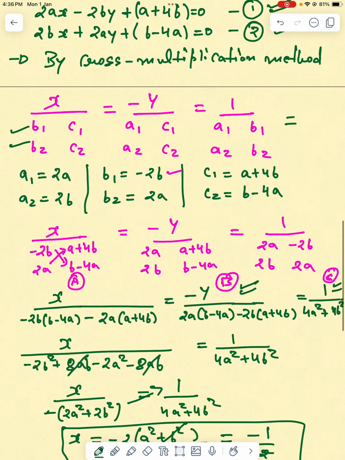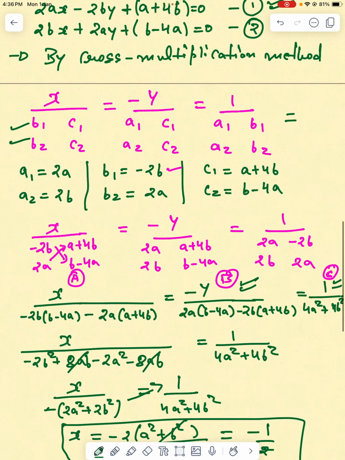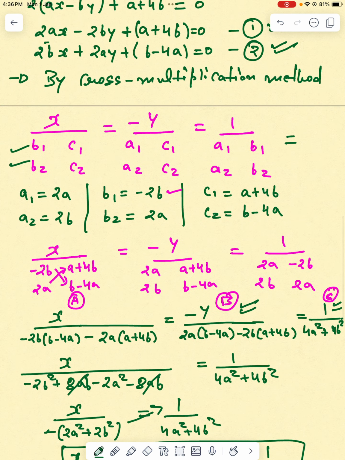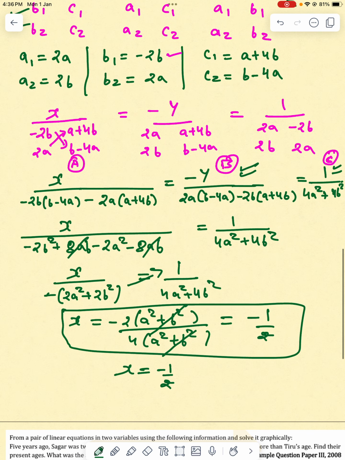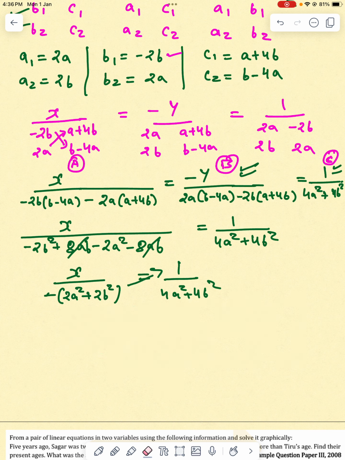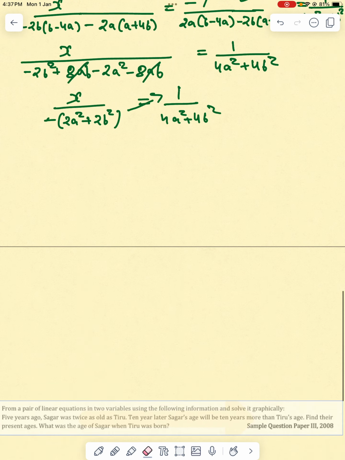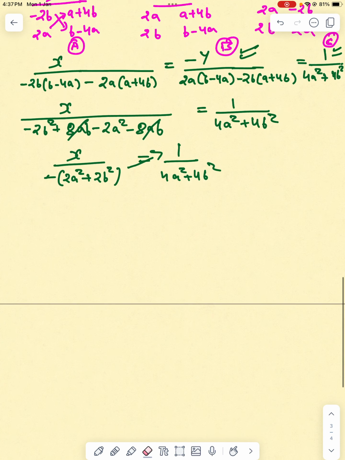So I am adopting this method, that is I am putting the value of x is equal to minus 1 upon 2 in equation number 1. Okay, I am just removing this because I do not have enough space here, so I will move it to the downside now.